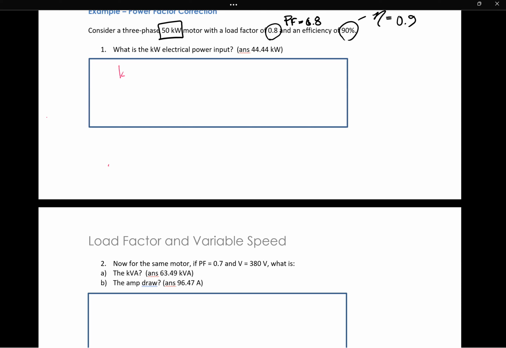The kilowatts in would be the power rating, but the power rating has to be divided by efficiency, because we would never get that amount of power. So we need this amount of power to run it, the 50 divided by that efficiency, and we also have to apply a power factor of 0.8 to that.